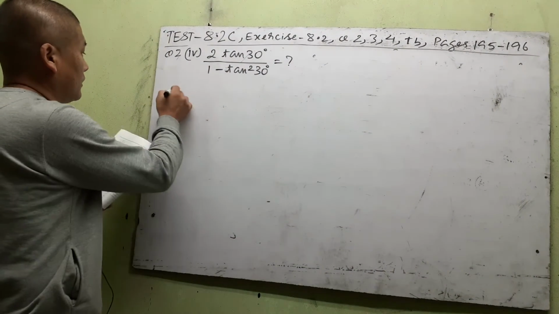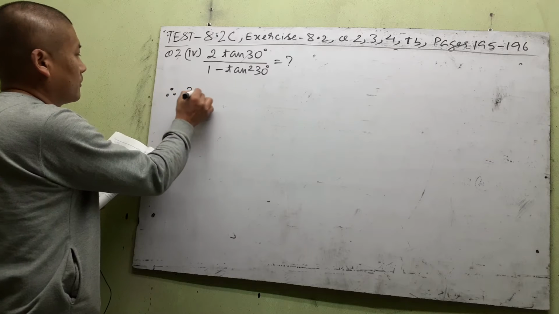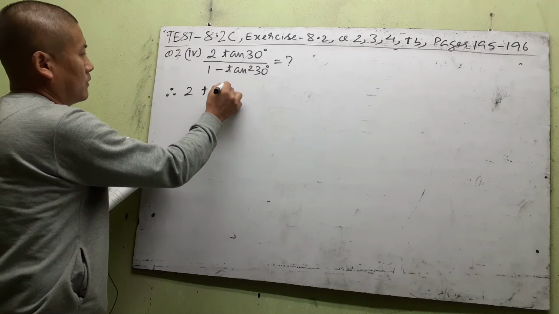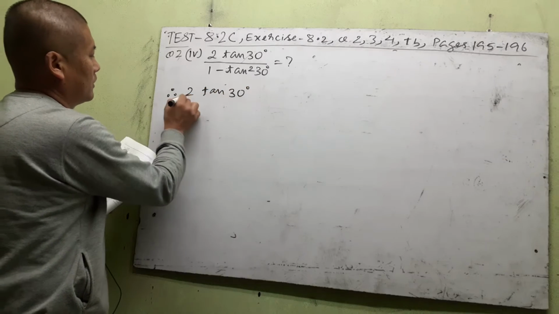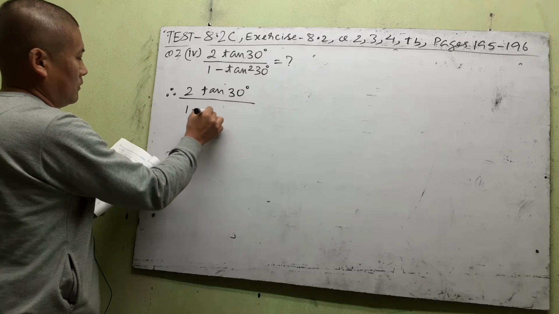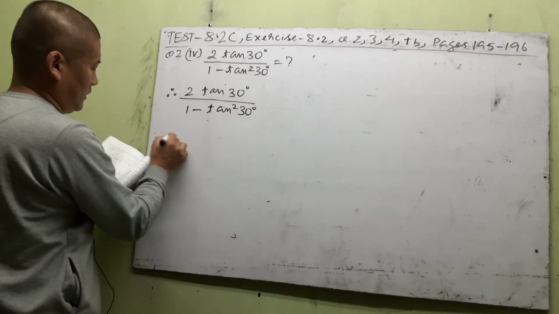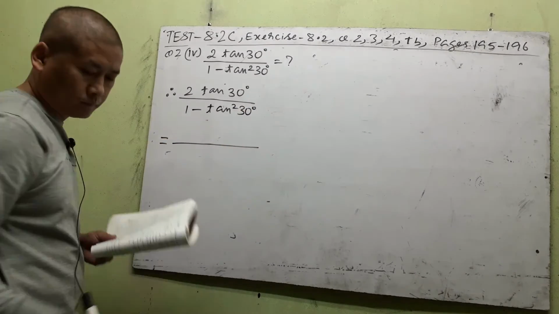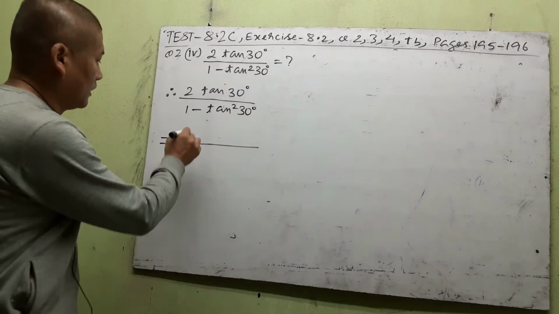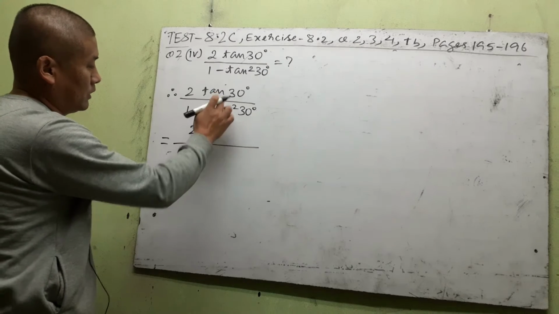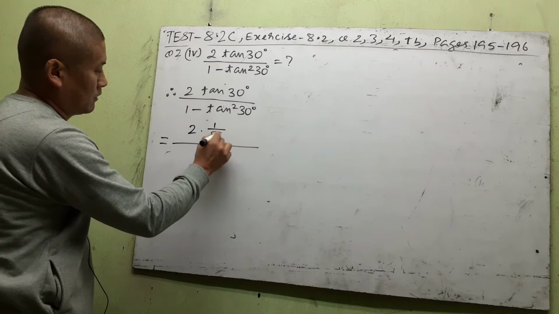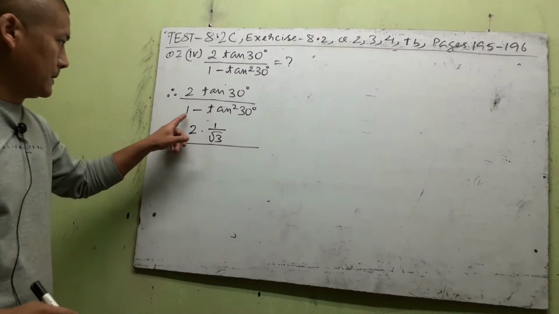So let us write here, therefore 2 tan 30 degree by 1 minus tan square 30 degree can be written as a longer line, and then 2 into tan 30 degrees, 1 by root 3, right?